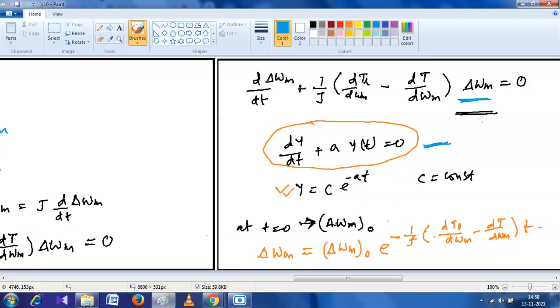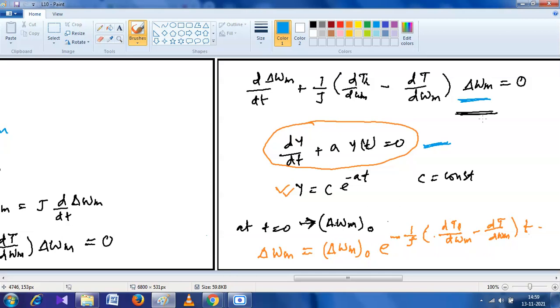Delta omega. Then C is coming. What is the value of C, I said? It is a constant, and the values depend on the initial condition. That means if the value of t is equal to 0, at that time what is the value of y?